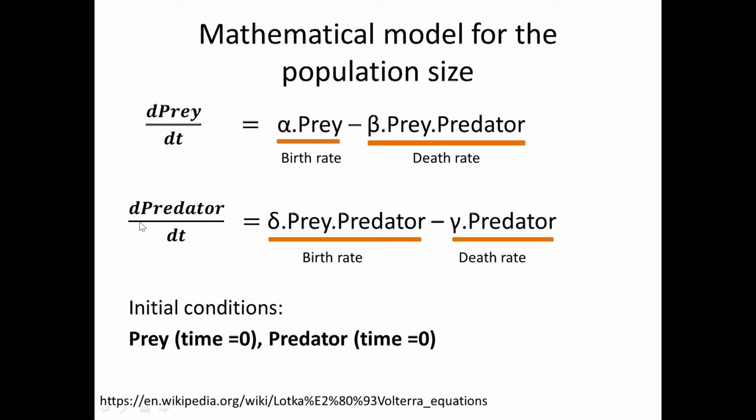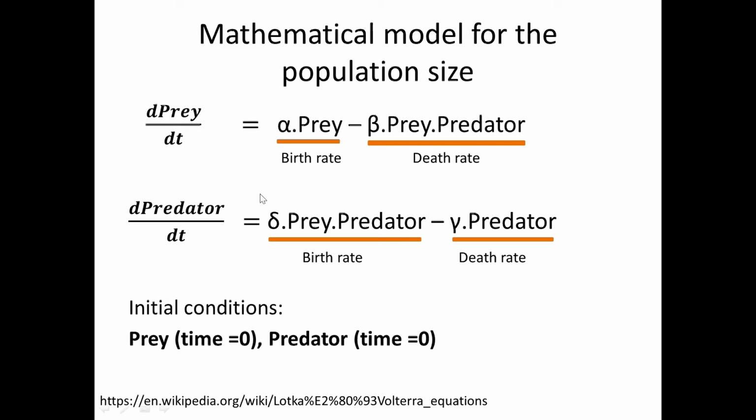Similarly, the rate of change of the predator depends on some birth rate for the predator and how much prey is available for the predator to feed on. Similarly, there is some first order death rate for the predator.